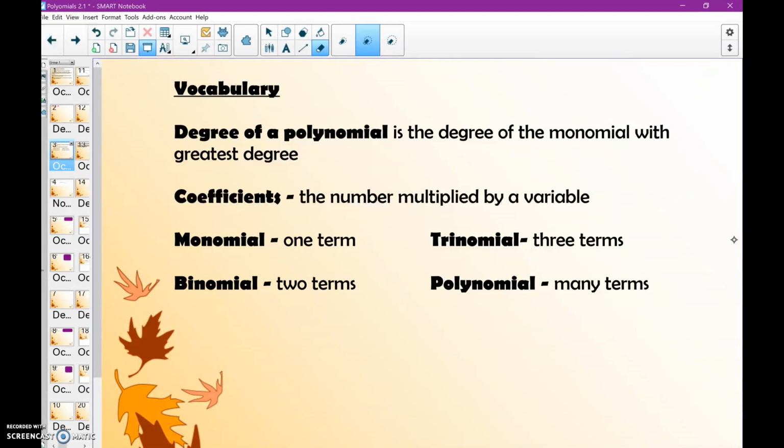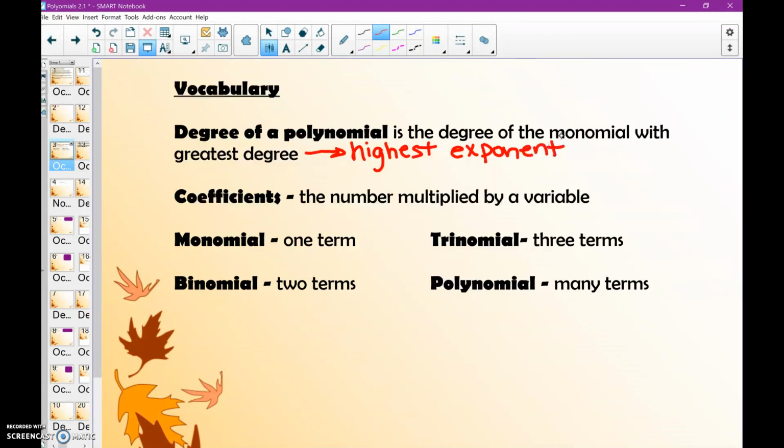The degree of a polynomial is the degree of a monomial with the highest degree. And I really kind of hate that definition because you are describing degree with the word degree. So really what they're saying here is the degree is the highest exponent in the problem.